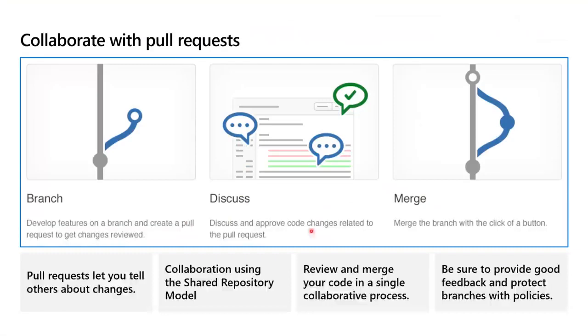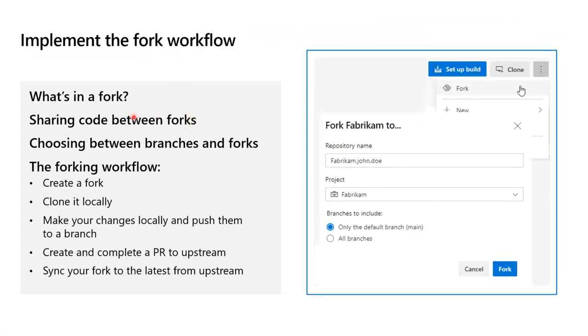And remember, very important to remember the fork workflow. The fork workflow is that you create a fork. By forking a project, it will create an entire copy of it in our own account. Then we can clone it locally.